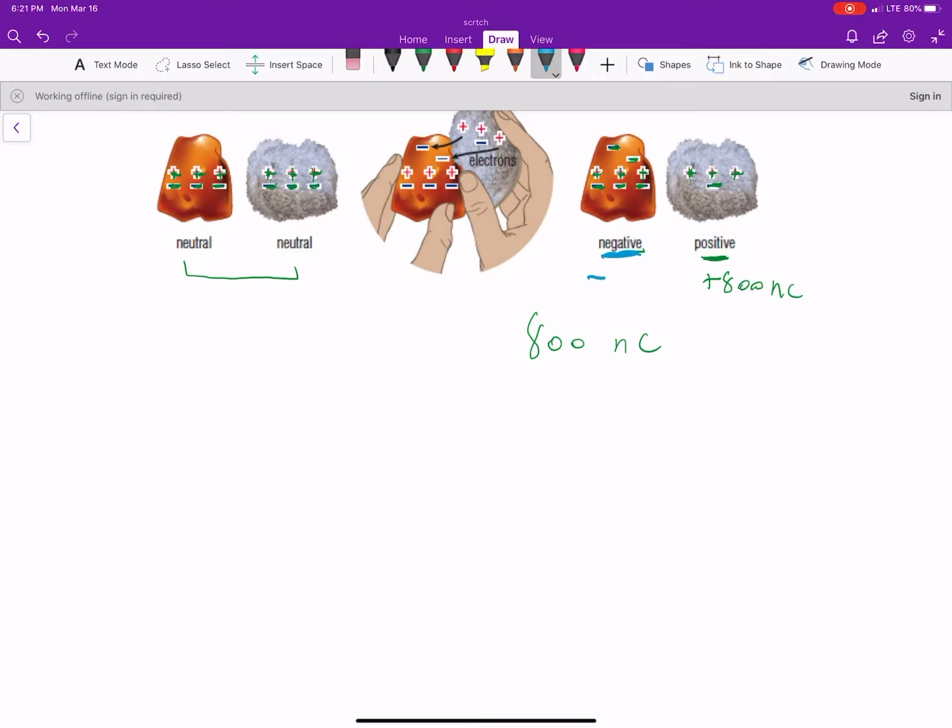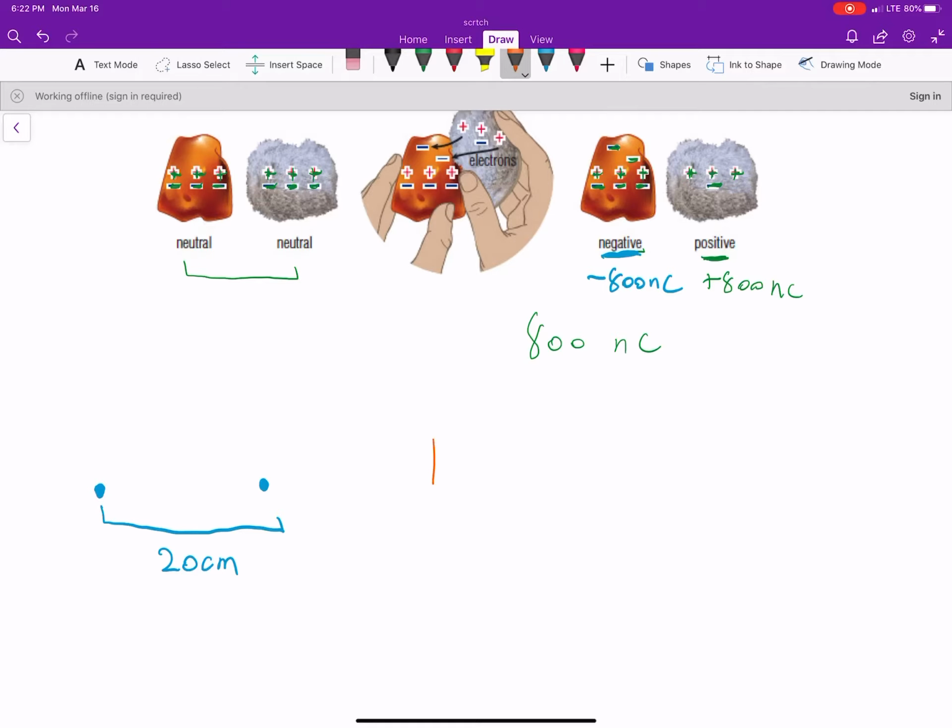The negative one will get minus 800 nanocoulombs. And if we were to separate these, the negatively charged part and the positively charged part, let's say by a distance of 20 centimeters, we want to know the force.